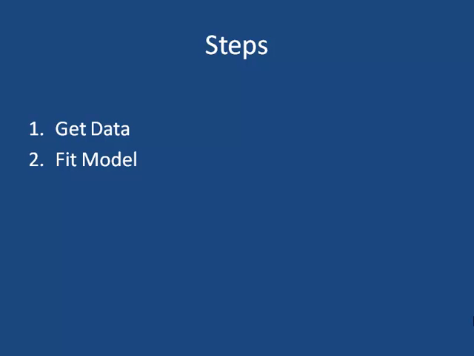Then we want to fit a model to that data. That's a description of what's going on. So our model would basically say the fundamentals, essentially what's going on here is blah. And depending on what model we use, the description will be different.